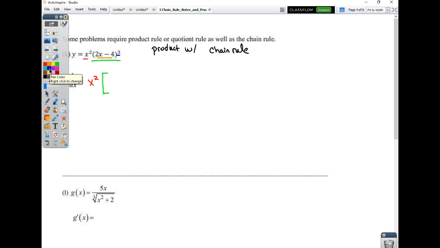Chain rule, which is 3 times 2x minus 4 squared. Beautiful. This is starting to look like a terrible, terrible rainbow of doom. That all goes together, thus the green bracket around them. X squared times 3 times 2x minus 4 squared times 2. That's, sure, why not? Plus!